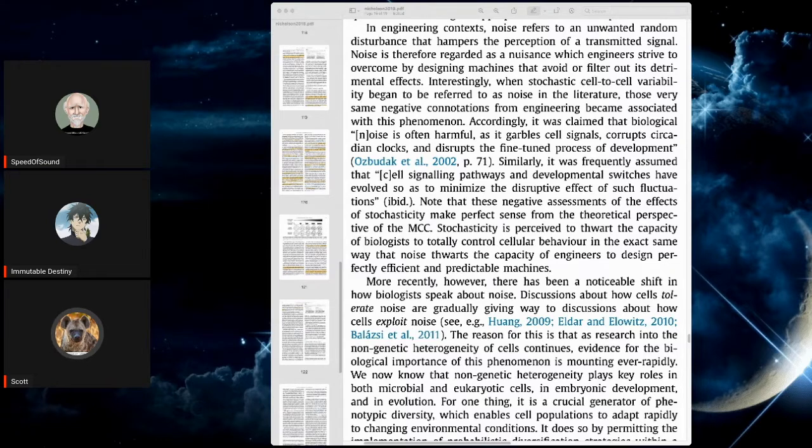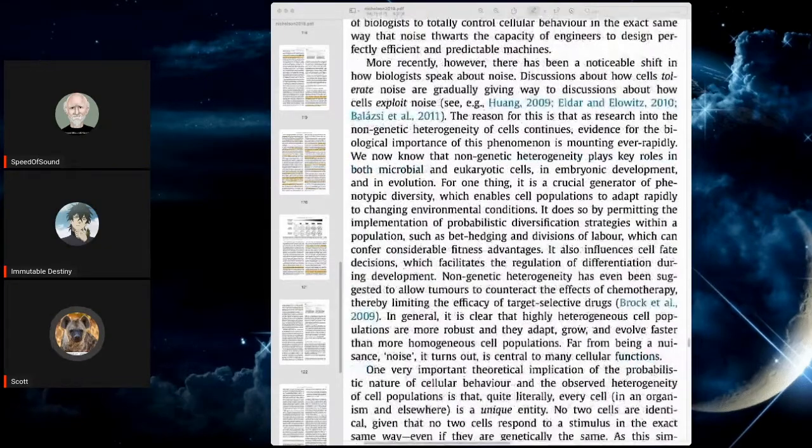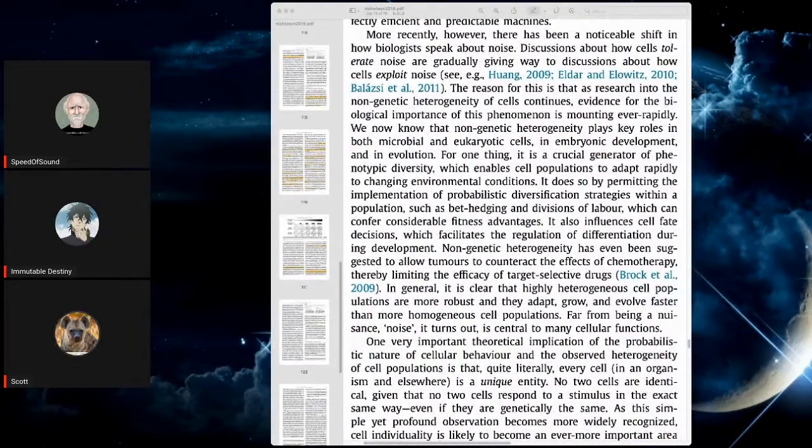More recently, however, there has been a noticeable shift in how biologists speak about noise. Discussions about how cells tolerate noise are gradually giving way to discussions about how cells exploit noise. The reason for this is that as research into the non-genetic heterogeneity of cells continues, evidence for the biological importance of this phenomenon is mounting ever more rapidly. We now know that non-genetic heterogeneity plays key roles in both microbial and eukaryotic cells, in embryonic development and in evolution.